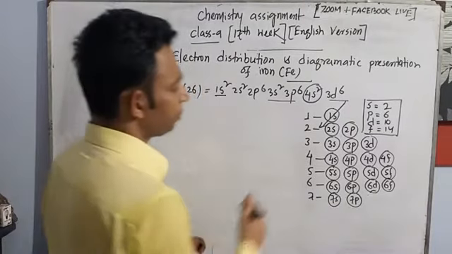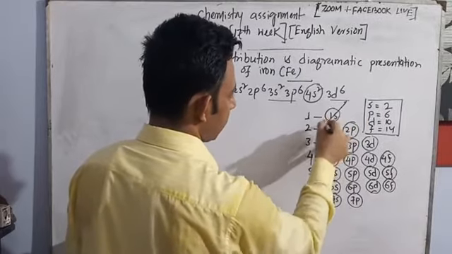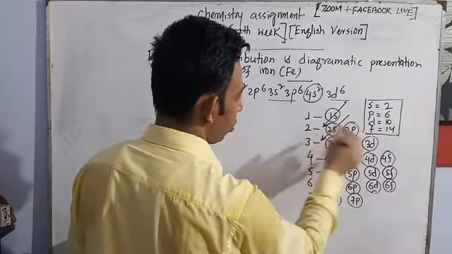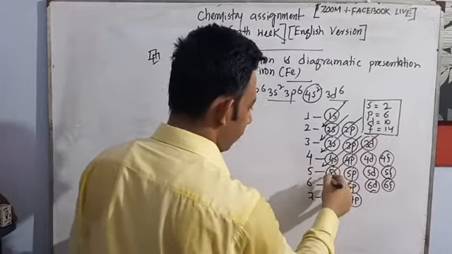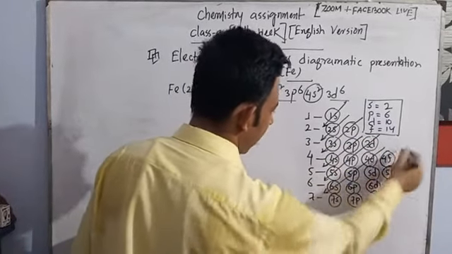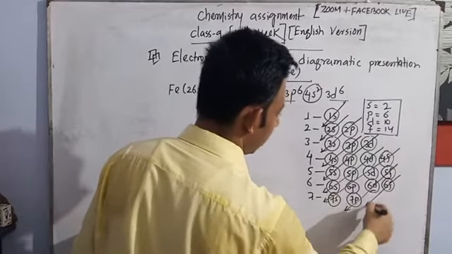So 1s, then 2s, 2p, 3s, 3p, 4s, 3d, 4p, 5s. Arrows are drawn this way to follow the rule.